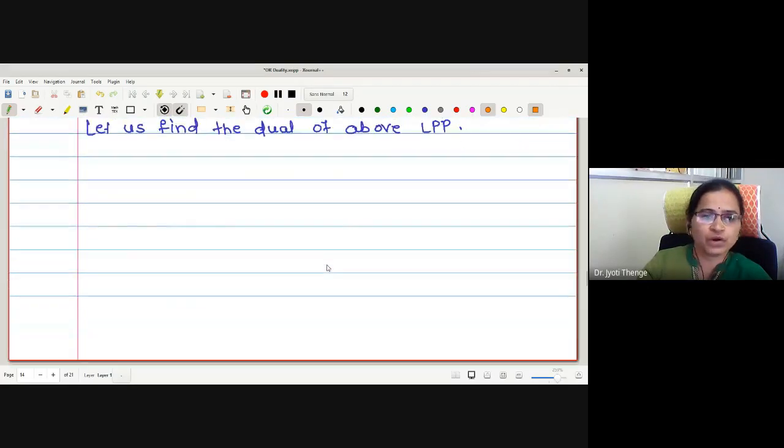If all the coefficients are the same in both constraints, only the sign changes. Therefore, what will be my LPP dual? This is minimize Z = b1 w1 + b2 w2 and so on up to bm wm, subject to the constraints.